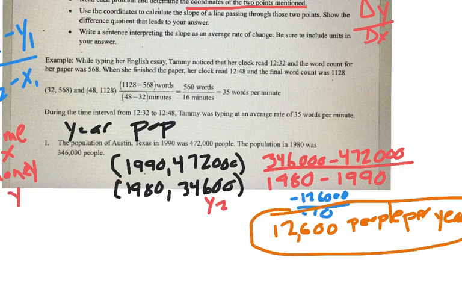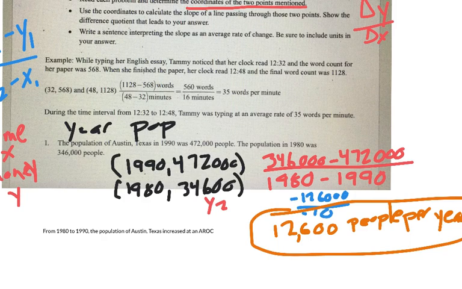So for my sentence here, to give it context to make it all make sense, let's say from 1980 to 1990, the population of Austin, Texas increased at an average rate of change.